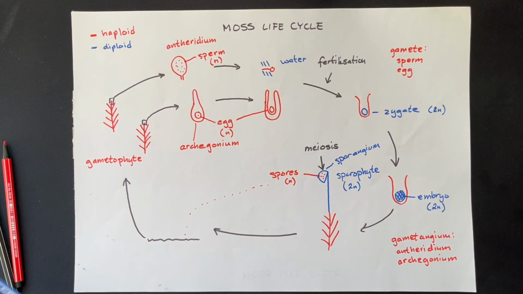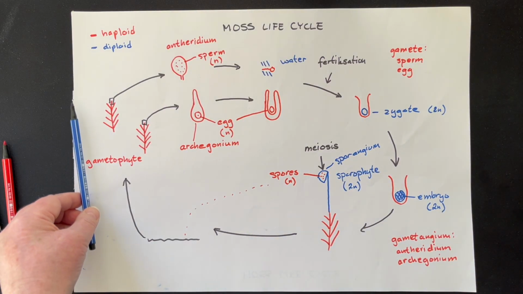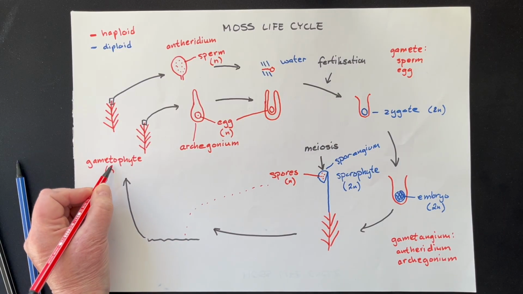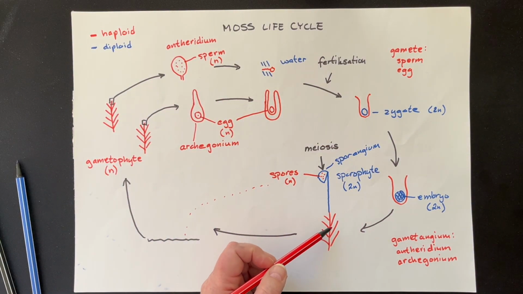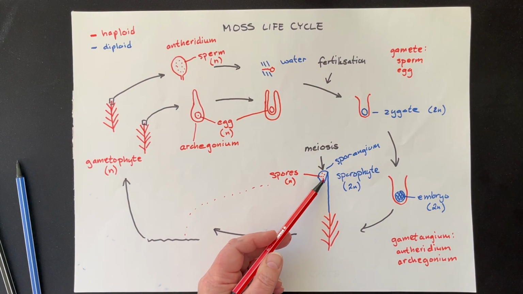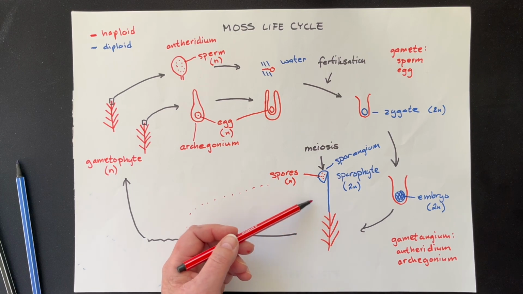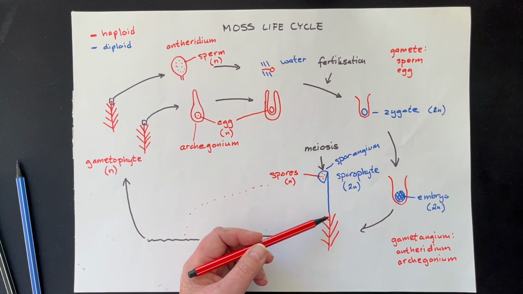So here we have the cycle of a moss, and we're going from the haploid gametophytes to the diploid sporophyte. And in the mosses, the sporophyte is depending on the gametophyte. It lives on the gametophyte.